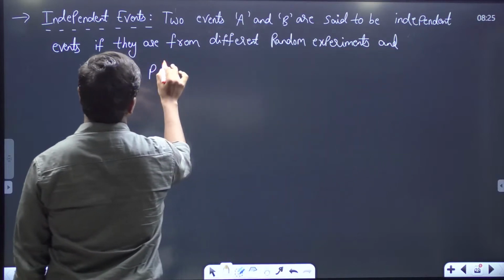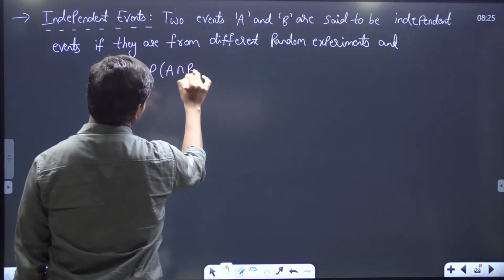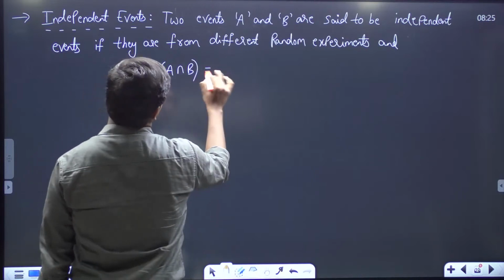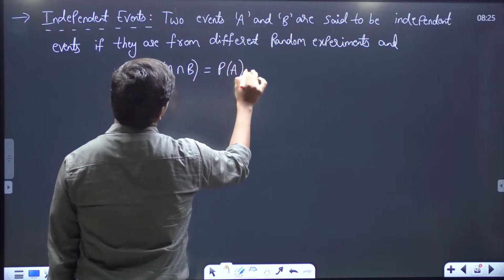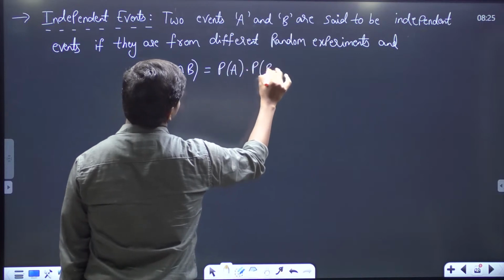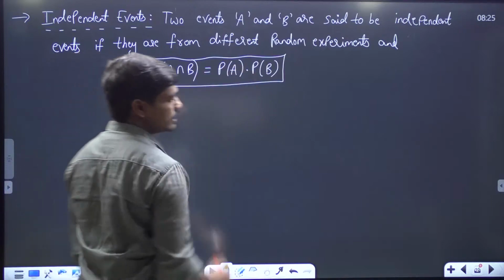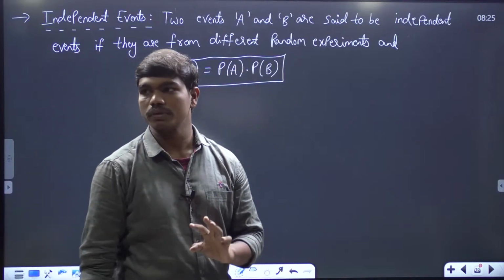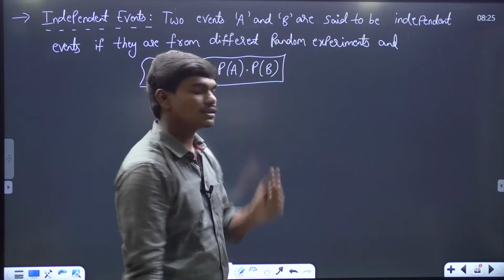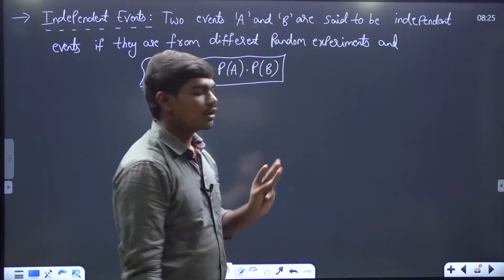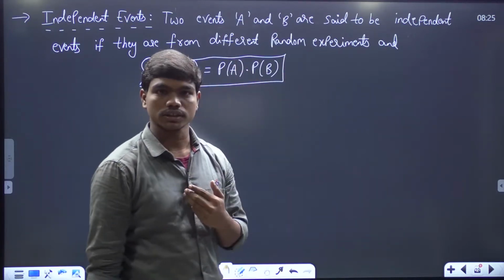P of A intersection B, meaning the probability of both A and B happening, is equal to probability of A into probability of B. In general, in this probability chapter or in permutations and combinations, multiplication means the process is not yet finished, and if you use plus, then the process is already finished.